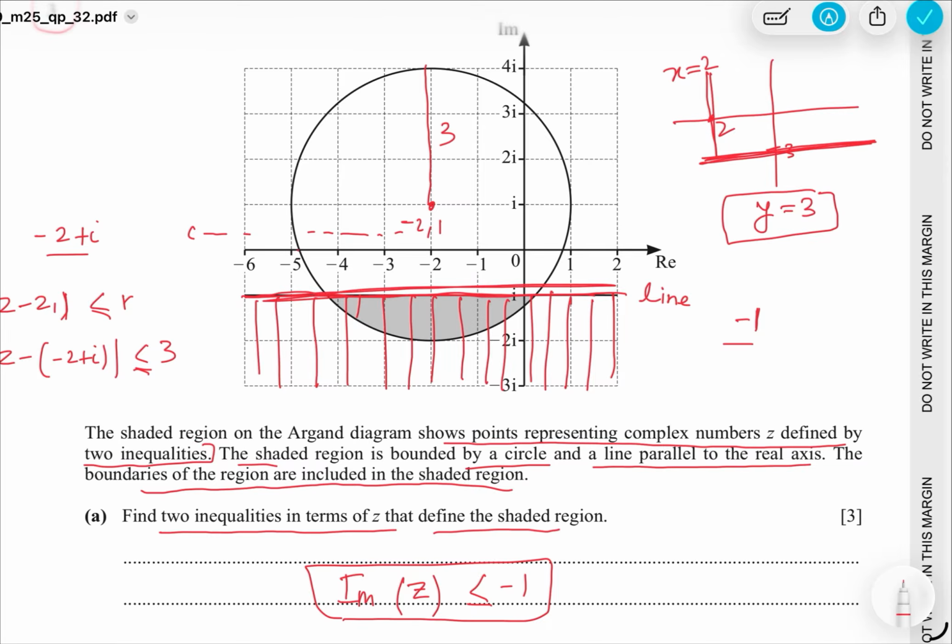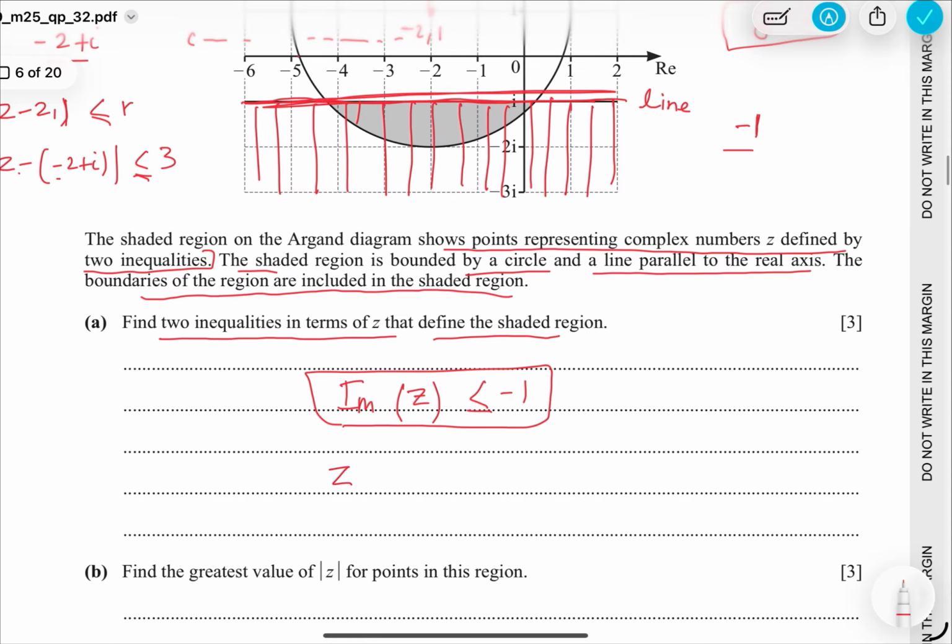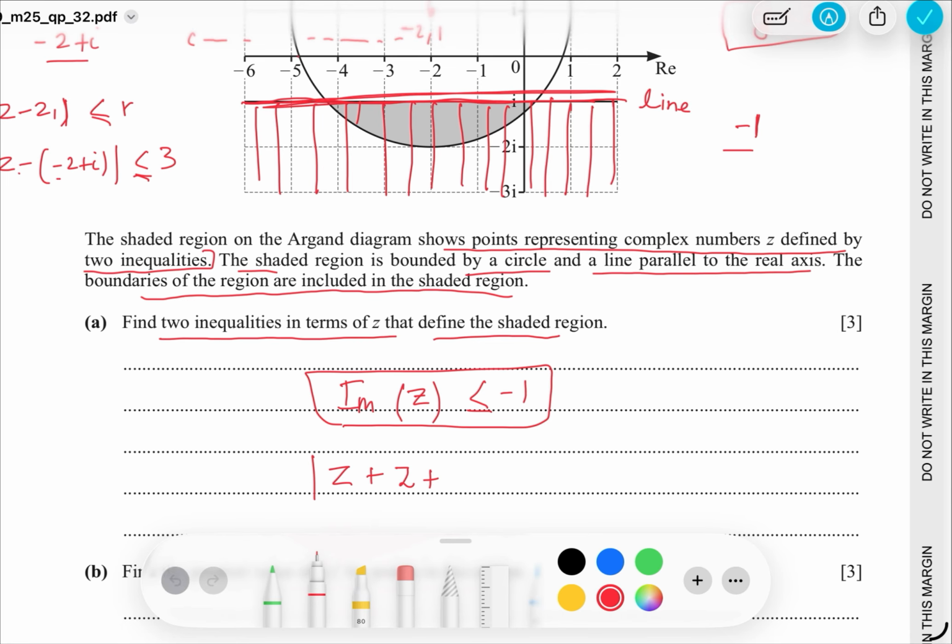Okay, now multiply this negative sign inside, so it will give us |z + 2 − i| less than or equal to 3. Multiply this by this, now this is positive and this will become negative, minus i.